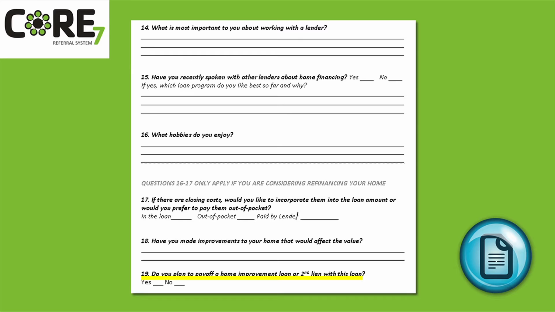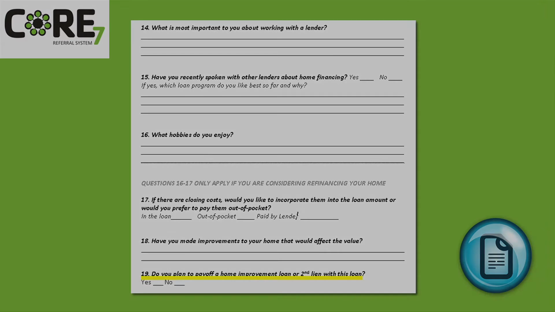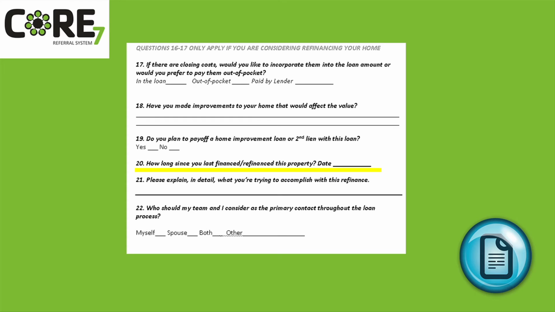It is always better to be able to research the loan program and loan structure before presenting to the client. Question number 20. How long since you last financed or refinanced this property? This question provides more important information to help you determine if a refinance makes sense.